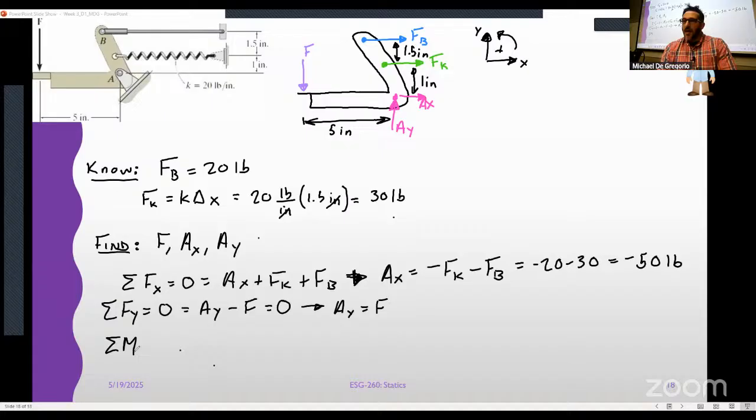I think we're doable here, right? But do we have everything we need to solve for a moment? Where would you guys want to take the moment? At A? Why?